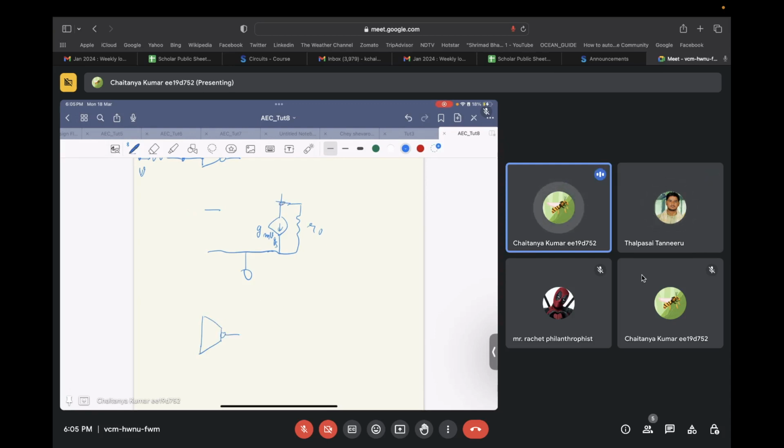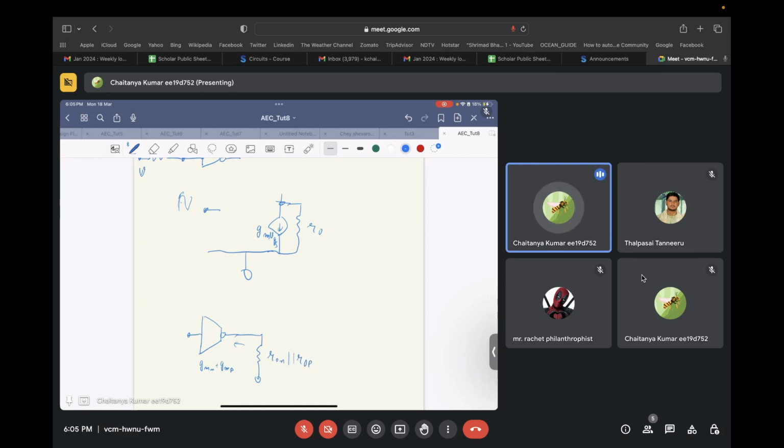Why is it a bubble transconductor? Because it basically sinks current. Whatever voltage you give, it sinks current that is proportional to the input voltage. So you can model it with this. Its transconductance value will be GMN plus GMP, and it will have an output resistance of RON parallel ROP.